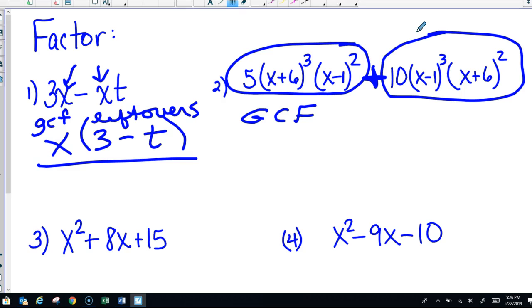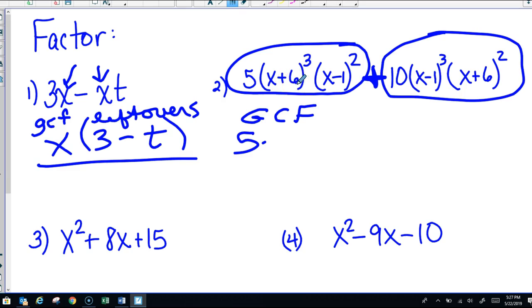What same factors? Well, I've got this 5 and I've got this 10. What divides into a 5 and a 10? Yeah, 5. I've got 3 x plus 6's, and back here I've got 2 x plus 6's. So the factor x plus 6 is the same, but how many do I have in common?